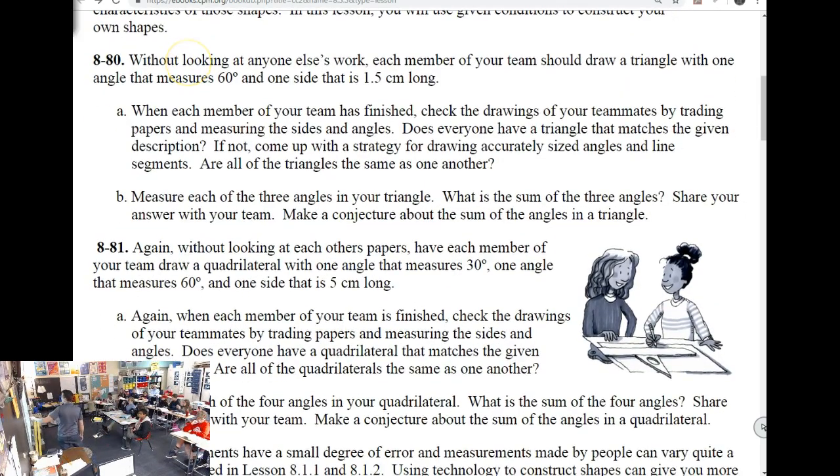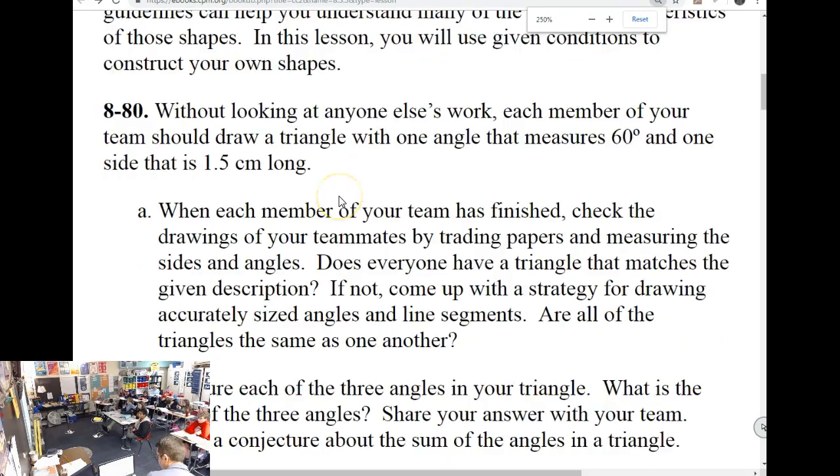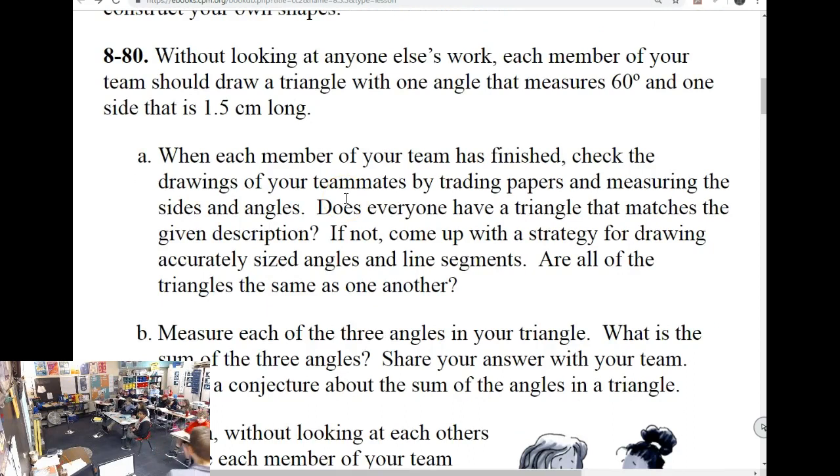So if our first instructions are to draw a triangle with an edge of 1.5 centimeters and an angle of 60 degrees. Now, this question is going to maybe seem simple. What do I need to make an angle? Like, what do I absolutely, minimum requirements, need to be able to make an angle? 2 lines.